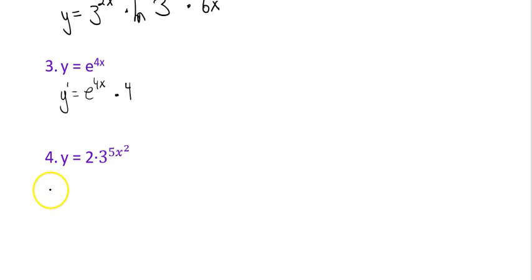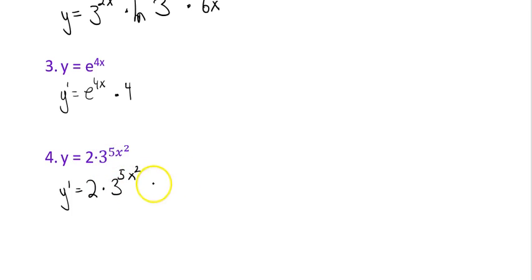Okay. In example 4, I have something a little different. I have a coefficient in front, this 2. What happens when it's just a plain number and there's no variable with it is you just bring it down. So your derivative will be 2. Then you do the regular exponential derivative rule. So bring down the 3 to the 5x squared. You haven't done anything here but copy down.